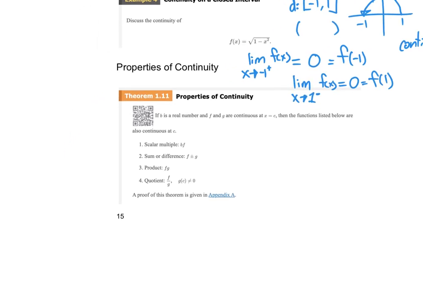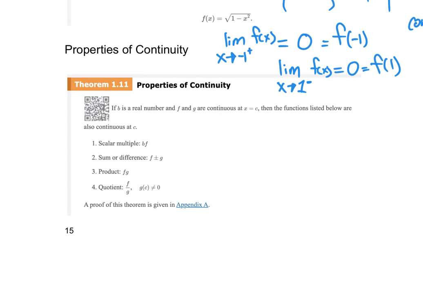Now we have properties of continuity. Remember we had properties of limits, where if we do certain things to functions, we can still figure out what their limits are without having to calculate the new function. Similar thing with properties of continuity. If b is a real number and f and g are continuous at x equals c, then the functions below are also continuous.